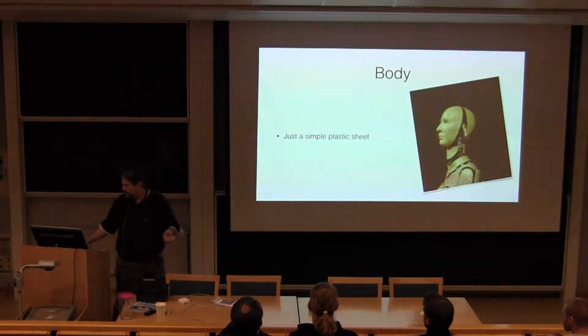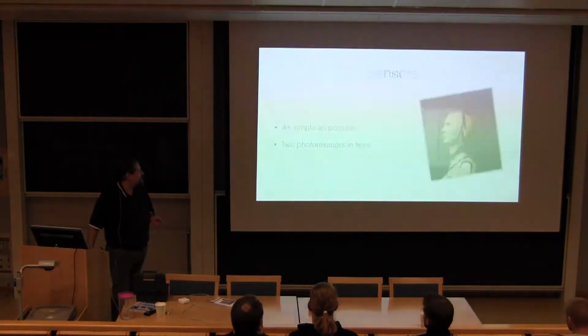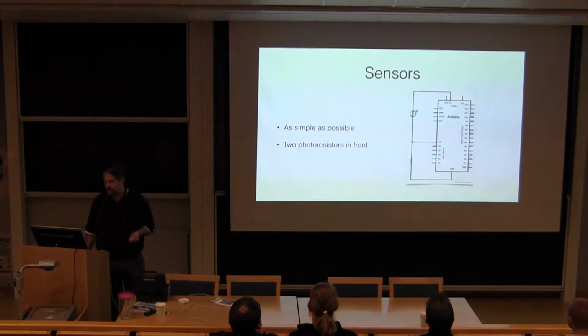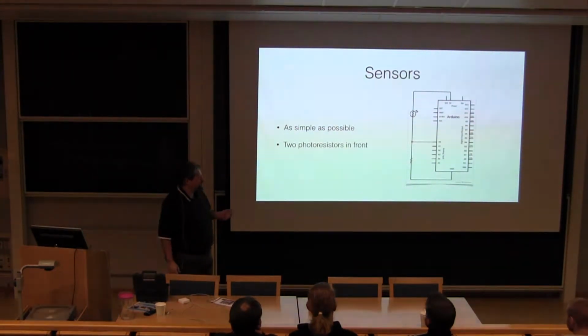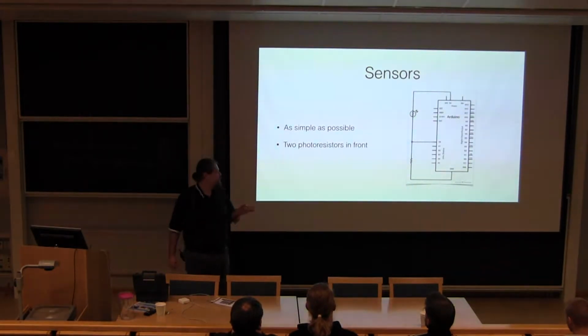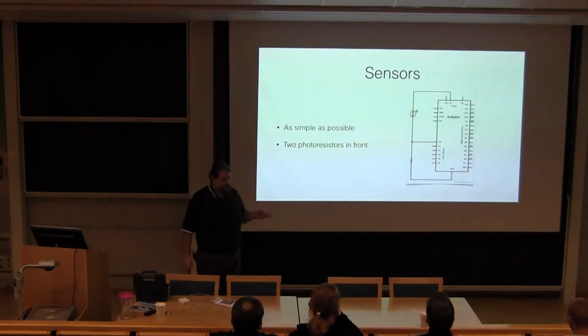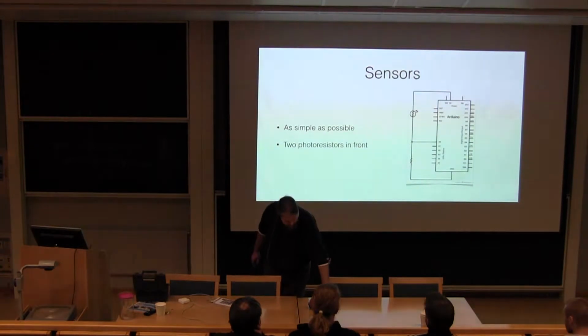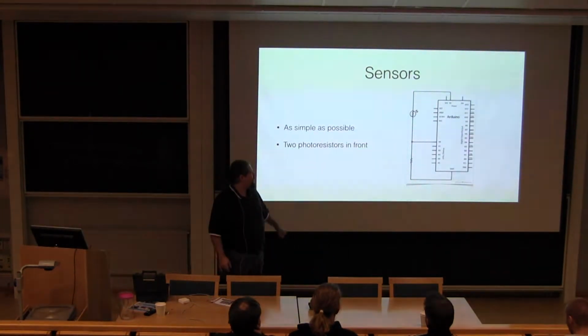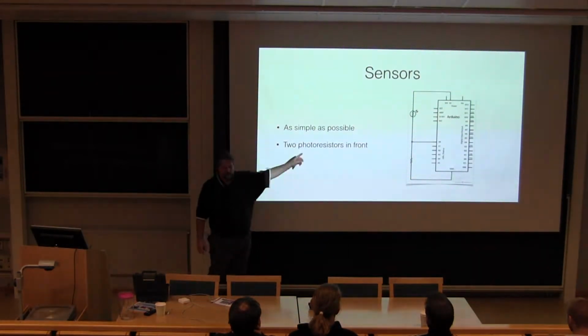That's all of it. Then, for sensors, I took the easiest way. I have 2 photoresistors in the front here, and they are connected to the Arduino like this.